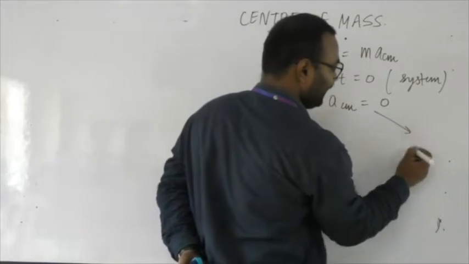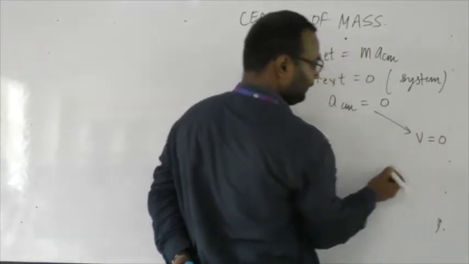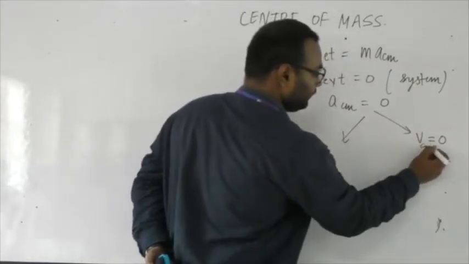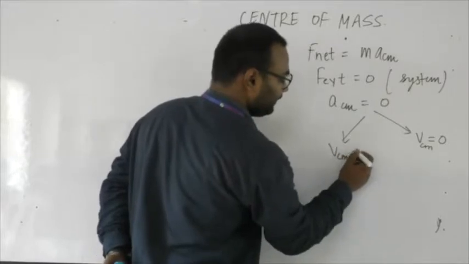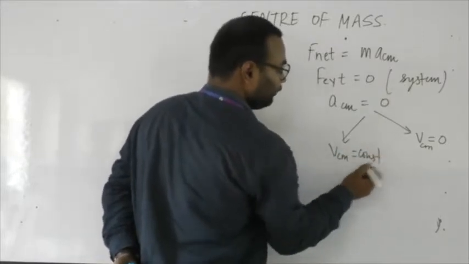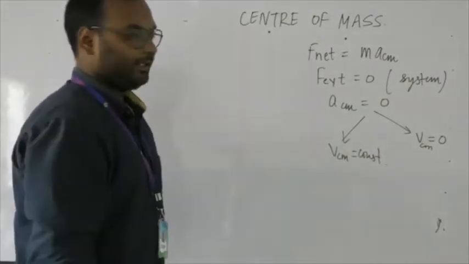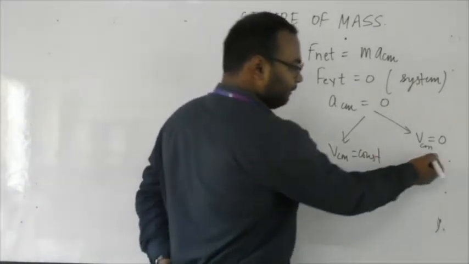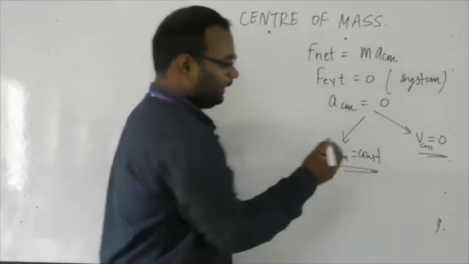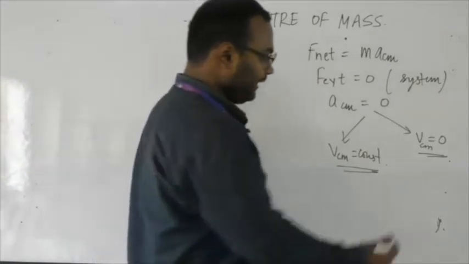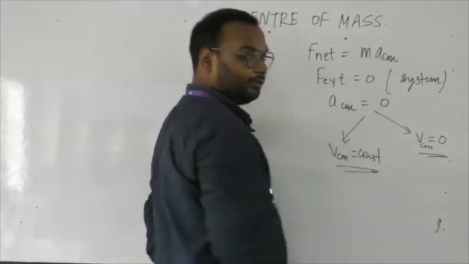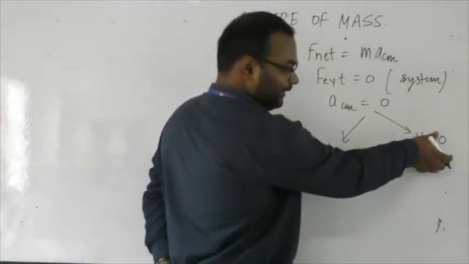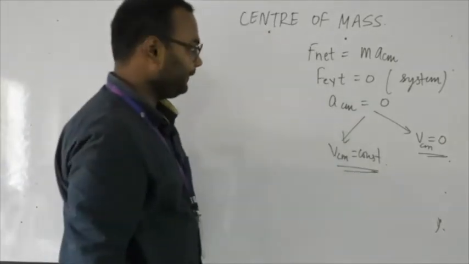That means either velocity is 0 or velocity of center of mass is constant. Both we can write. So let's see how to take examples of this, when the center of mass is at rest or moving with constant velocity.